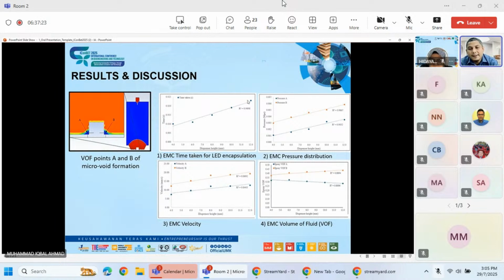It means the higher height takes more time to drop until it reaches the chipset of the LED. This is the first case. From this recording, we agree on that, and then we see how the microvoid develops during the encapsulation.